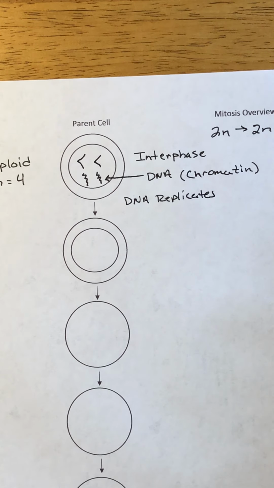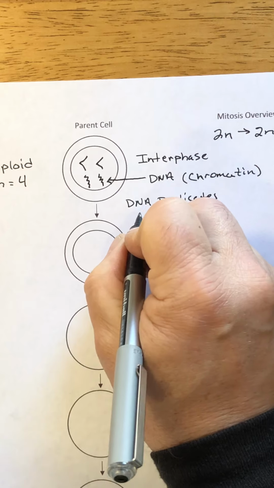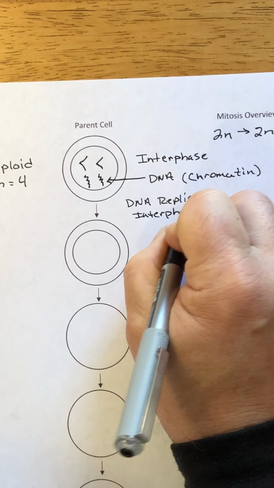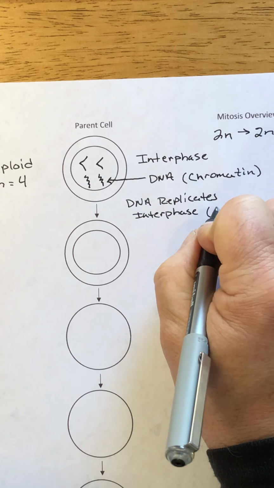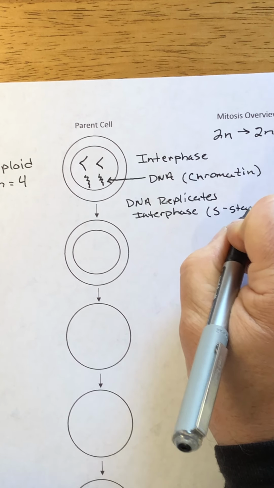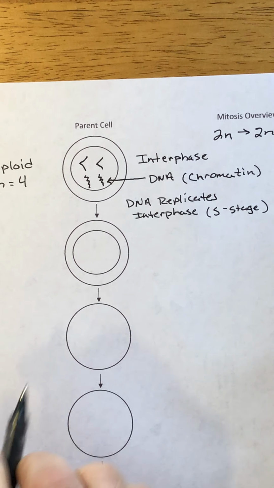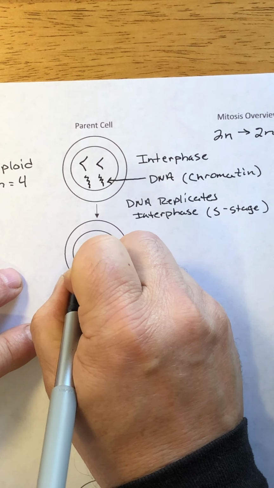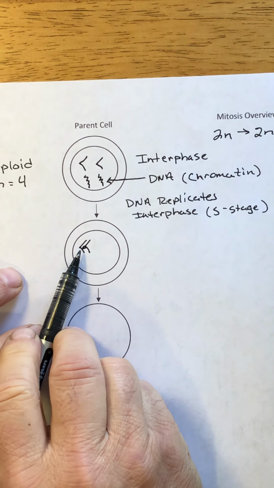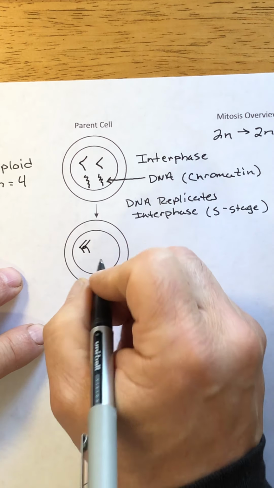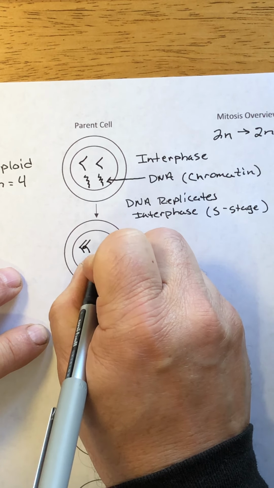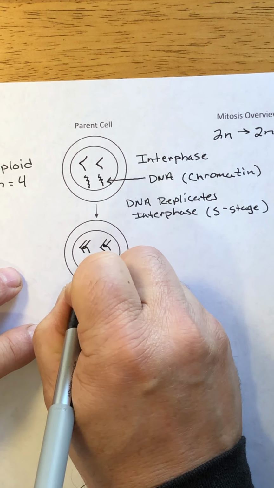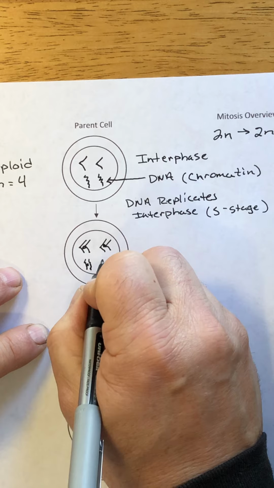DNA replicates during interphase of the cell cycle, but specifically during the S stage of the cell cycle. So this chromosome will replicate. It comes down here. It's held together by this little constricted region called the centromere. This chromosome replicates, comes down here. And the same for these 2 chromosomes down here.